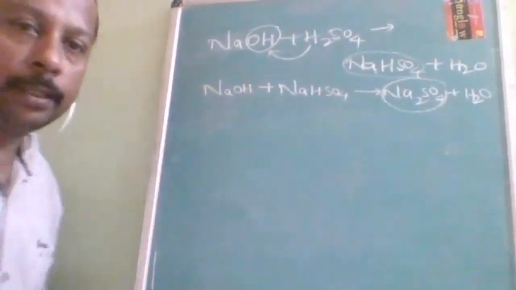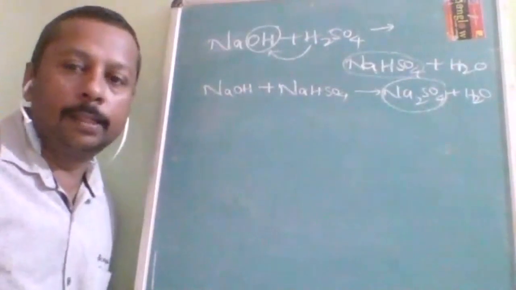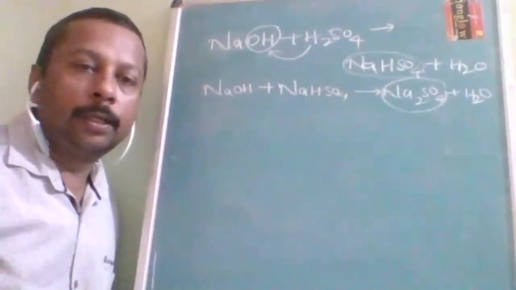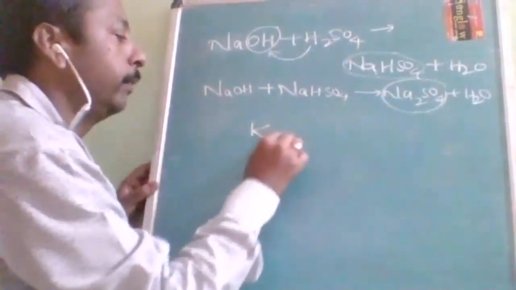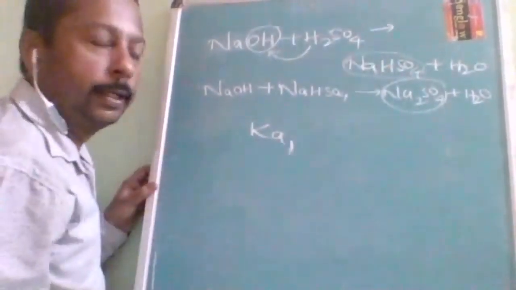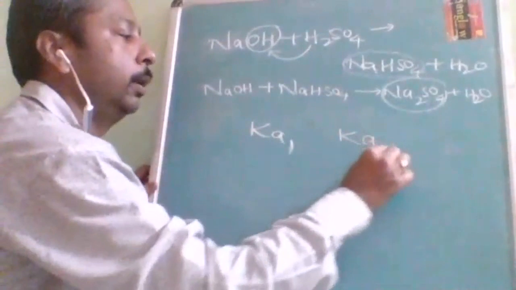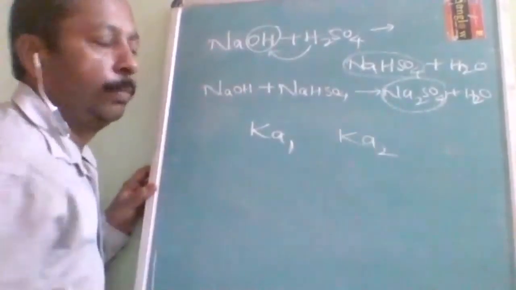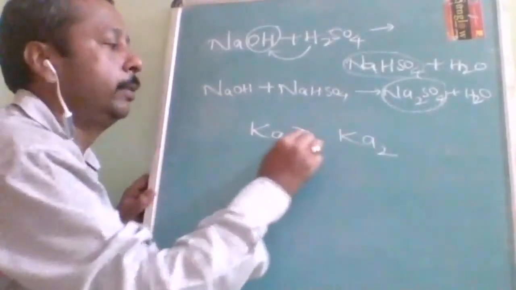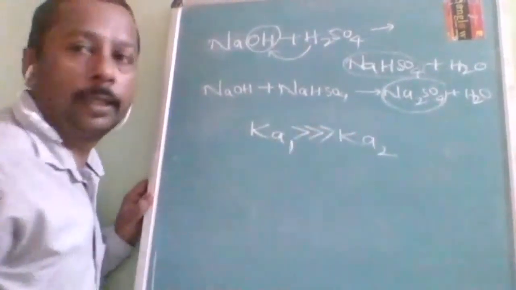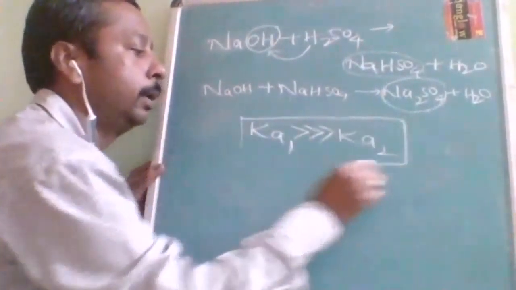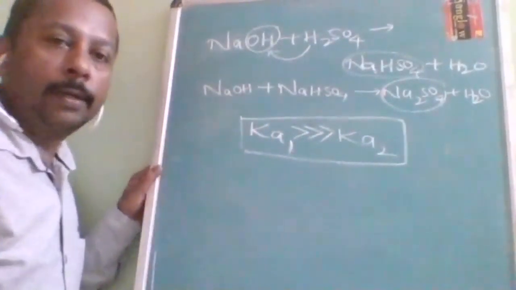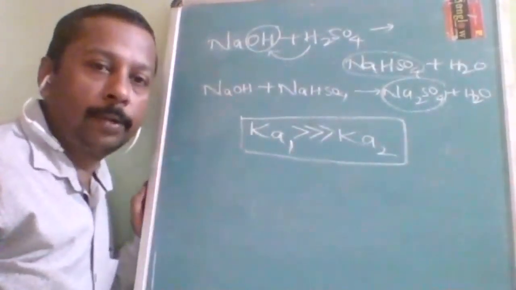As I told you, it is a diprotic acid, so it has two dissociation constants: Ka1 for H2SO4 to HSO4 minus, and Ka2 for HSO4 minus to SO4 2 minus. Ka1 is much higher than Ka2. This is always true for every polyprotic acid.